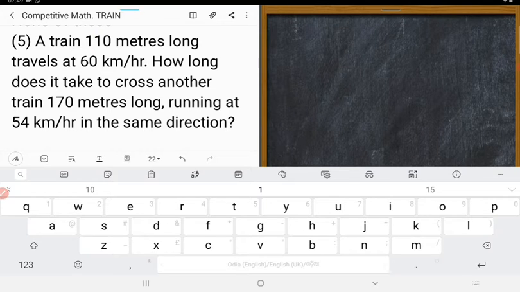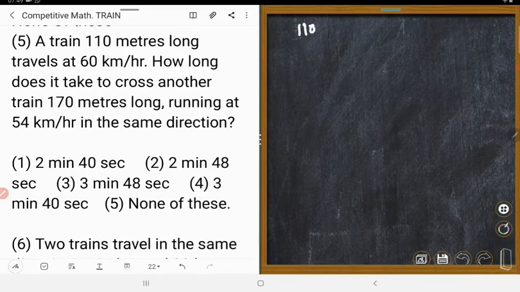So we will add the lengths of the 2 trains. The length of the first train is 110 and the second one is 170, total 280 meters length. The train will pass this length.